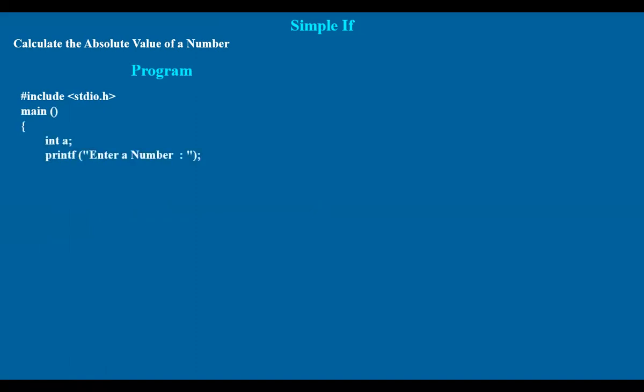An integer A is taken, and we are assigning the value entered here to A. If A is less than 0, then A is assigned as minus A. That means when A is less than 0, it is negative, so that negative value is multiplied with a minus sign and assigned to A. And we print this value of A here. That means the absolute value will be displayed.